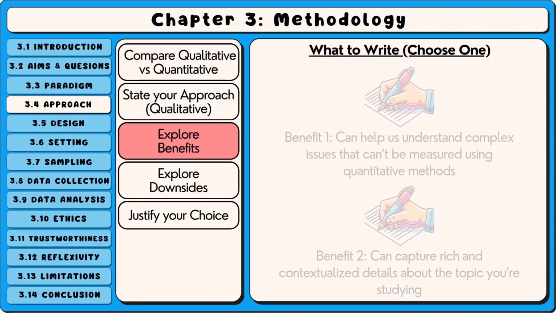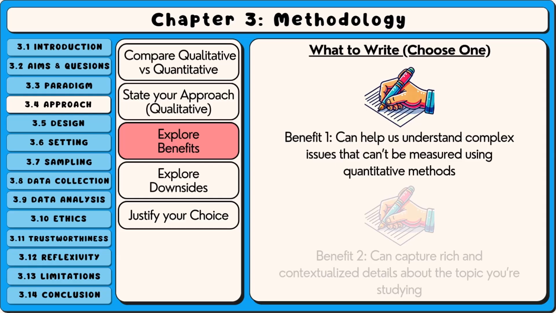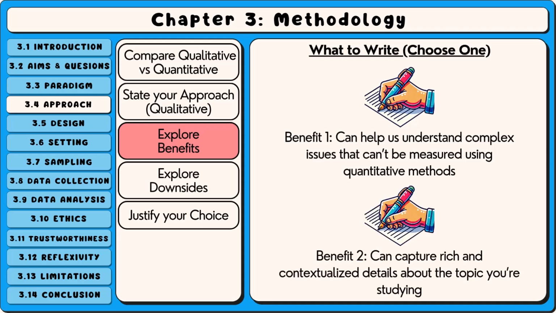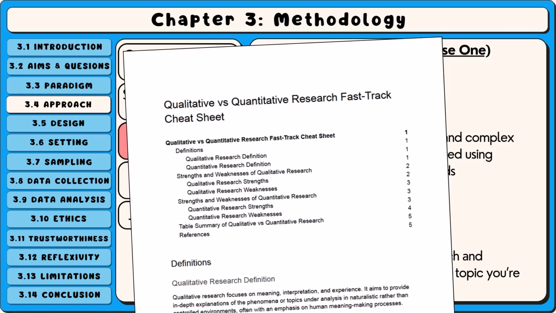Here are 2 benefits. One could be that qualitative research can help us understand complex issues that can't be measured using quantitative methods. Benefit number two is you can capture rich and contextualized details about the topic you're studying. As you know, you can find more benefits and weaknesses in the Fast Track cheat sheet.